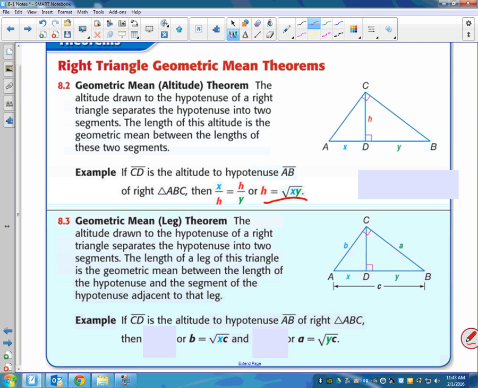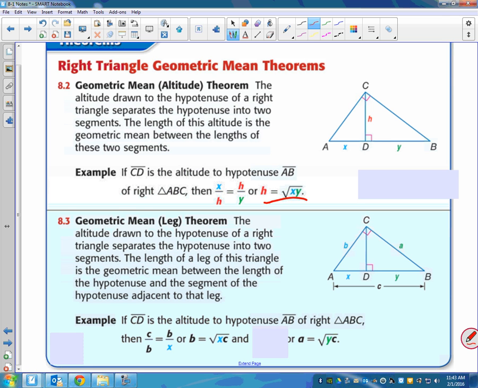But again, we can just set up some proportions here. So we can say, notice C is the big side. C over B will always be equal to B over X. And again, it's just the big side of the big triangle over the hypotenuse of the littlest triangle.